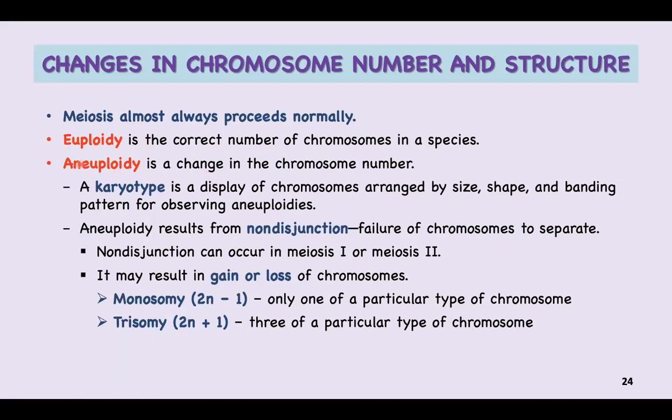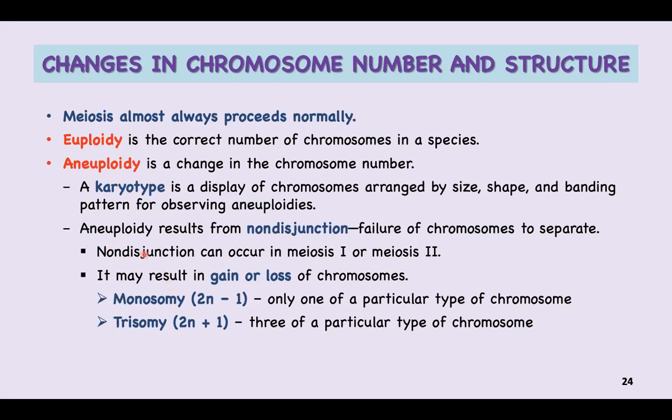Kalau aneuploidy, dia ada change, dia dah pernah go through any non-disjunction. Okay, which is failure of chromosomes untuk nak separate. So aneuploidy and euploidy. Euploidy is the correct number. Aneuploidy is not. Okay. Aneuploidy ni ada dua.